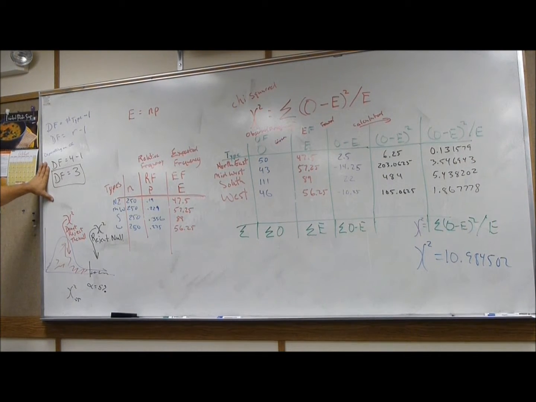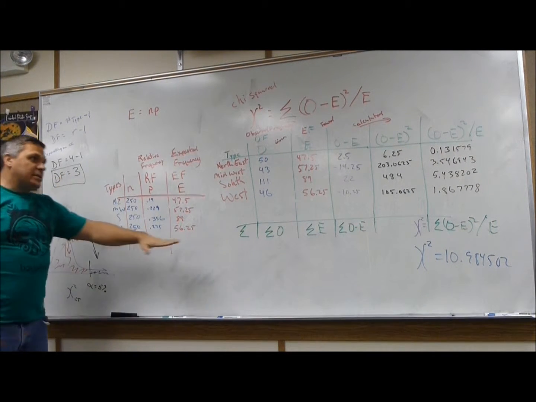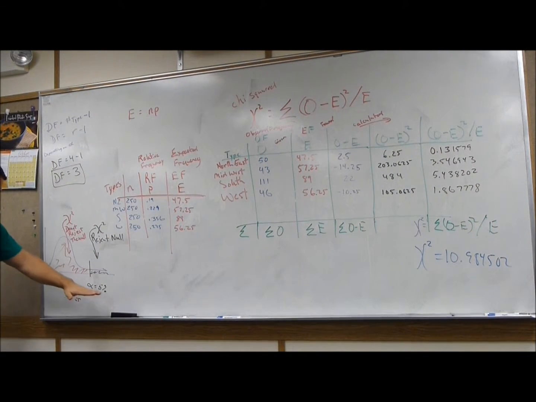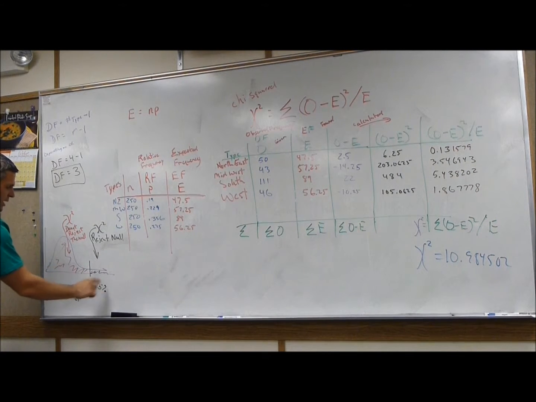With a DF of 3, and in this problem we are looking at a percentage of 5%, we want to look at this end and see, does it come up in this 5% area?